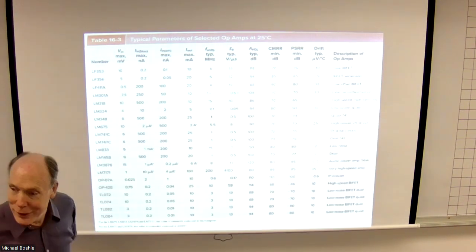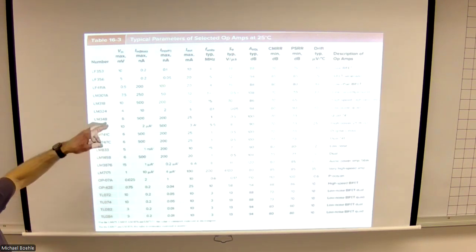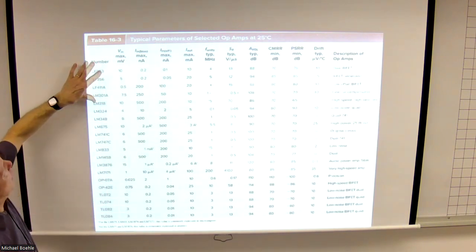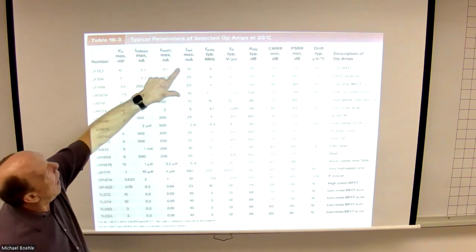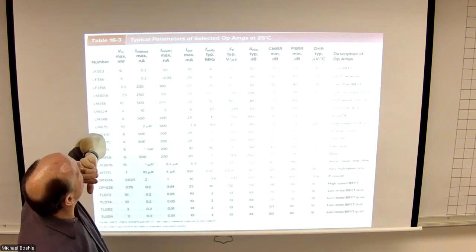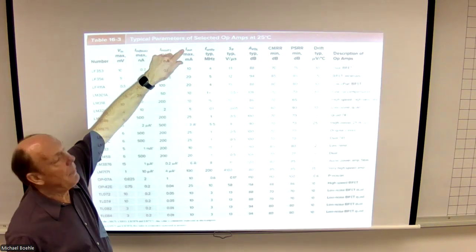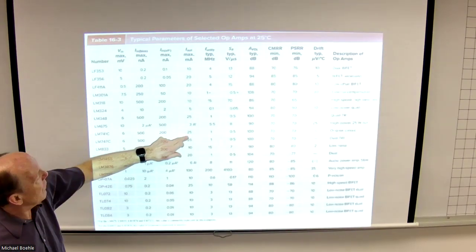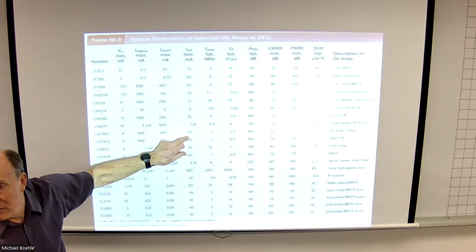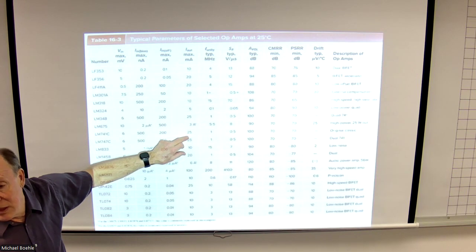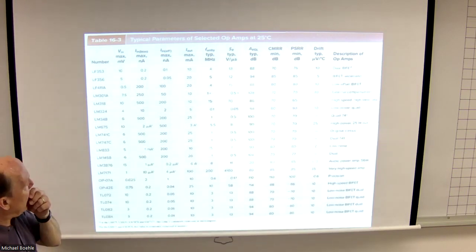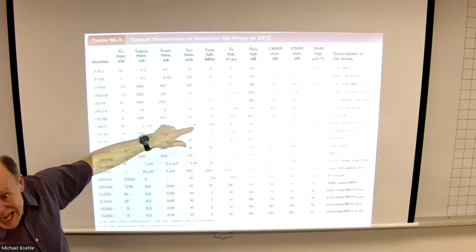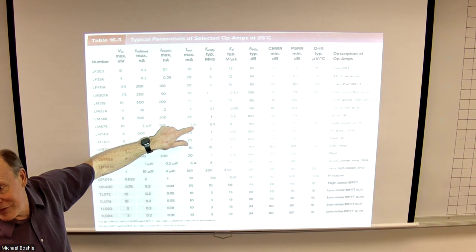There's your high frequency one there. There are also a couple of other things on here that weren't on before. For example, maximum output current for a 741 is about 25 milliamps. What if I want more? Here, I've got the LM675, 3 amps. That's a lot more.